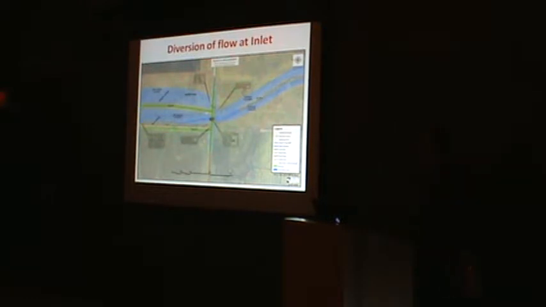At the inlet, this depicts the configuration. We'll have 3 really large culverts going into the impoundment, and we'll have one 16 by 4 foot culvert going down the river channel.